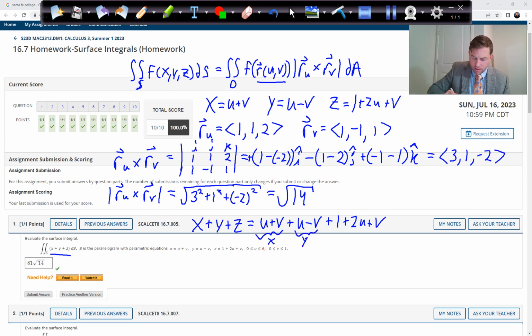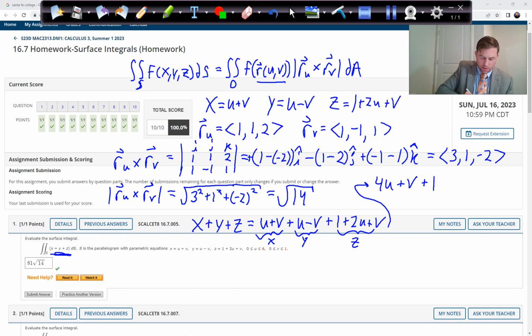We can see that these will simplify. We've got 2u plus another 2u, so you get 4u there. This v and this v will cancel, and we've got plus 1v over here, and we have a plus 1 right there. So that should simplify to 4u plus v plus 1.